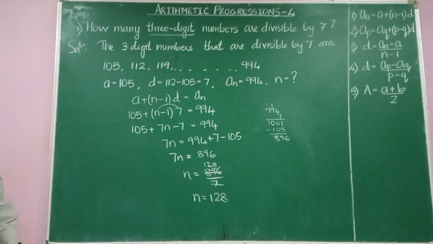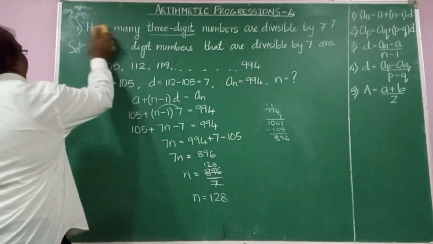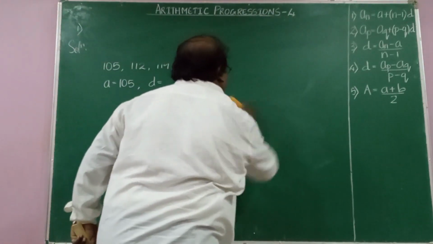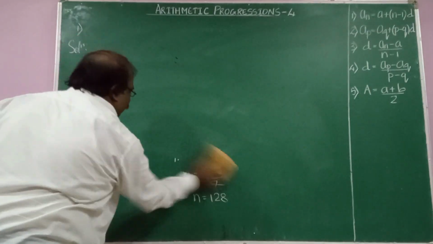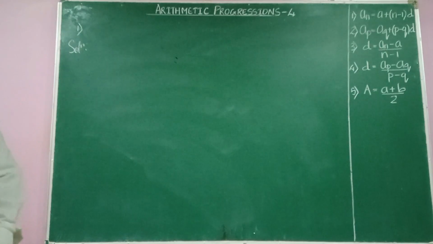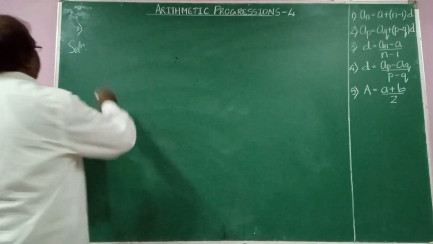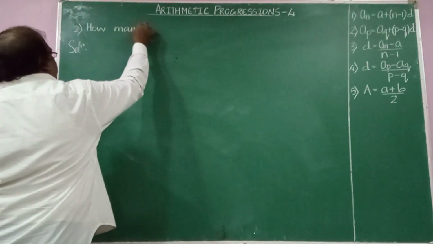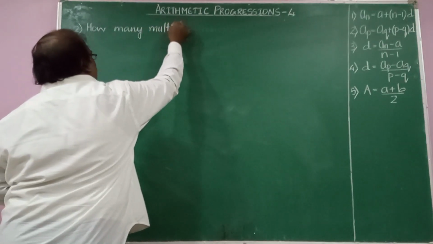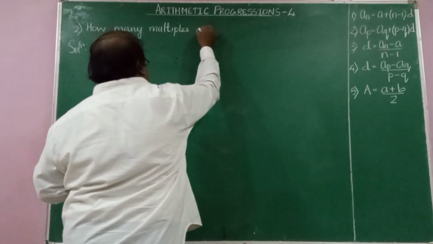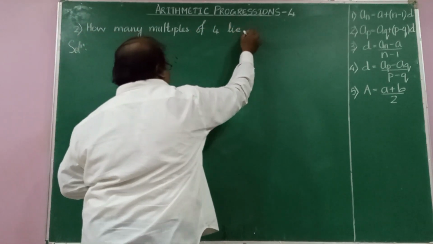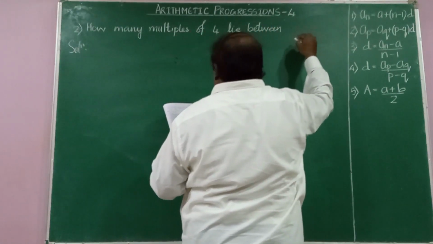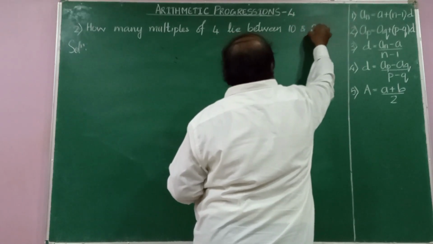Let me take a similar question. The second question: how many multiples of 4 lie between 10 and 250?